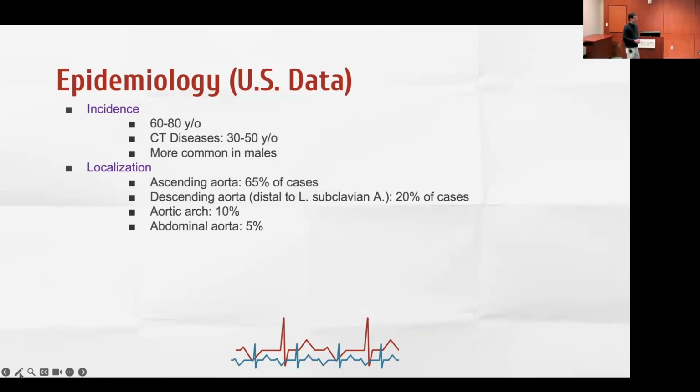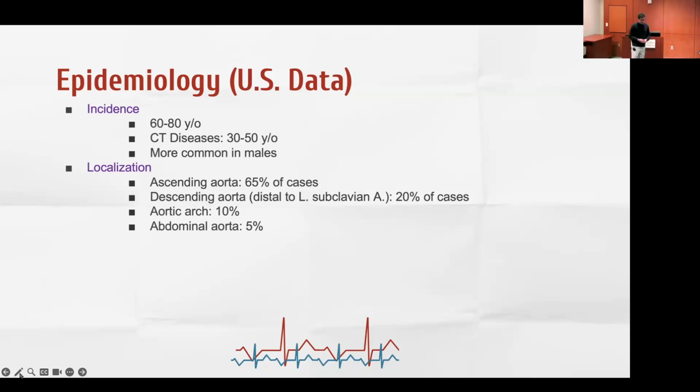A little bit about epidemiology: typically dissection presents between 60 and 80, so in slightly older individuals. However, if it presents younger, in the 30s, 40s, or 50s, that could indicate underlying connective tissue disorders, such as Marfan syndrome or Ehlers-Danlos syndrome. Dissection is also more common in males than females.